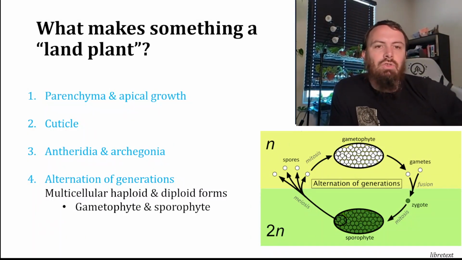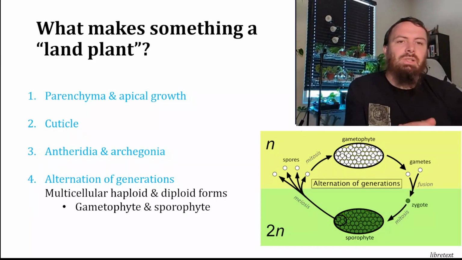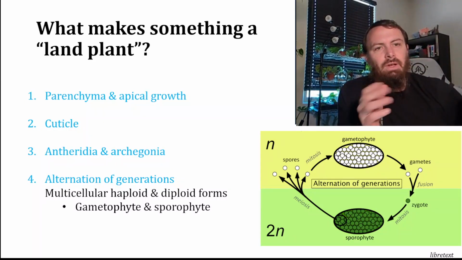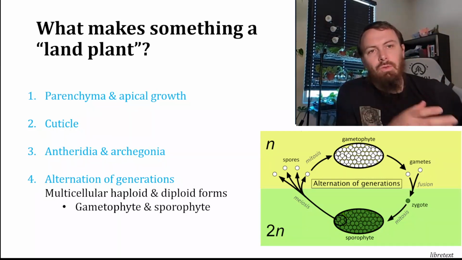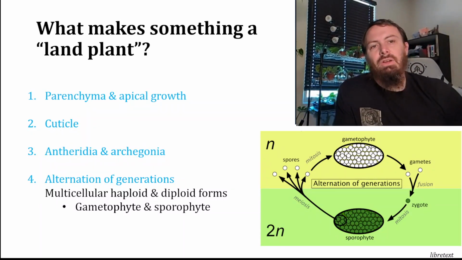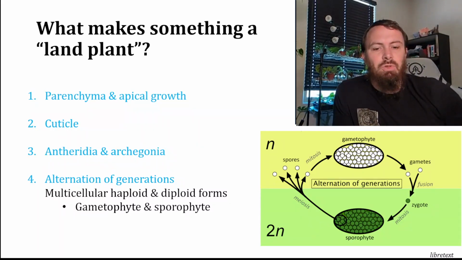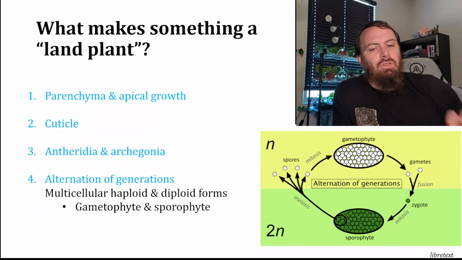Now, we've talked about alternation of generations before. We're going to go into much more detail in our biodiversity lectures. But alternation of generations basically just means that plants go from gametophyte to sporophyte, and back and forth throughout generations of the plant. For a lot of the seedless plants, they're going to be two separate structures. But when we get to some vascular plants, especially the angiosperms and gymnosperms, it becomes much more nuanced, and it's harder to distinguish the generations.